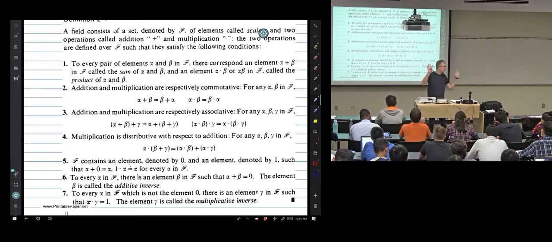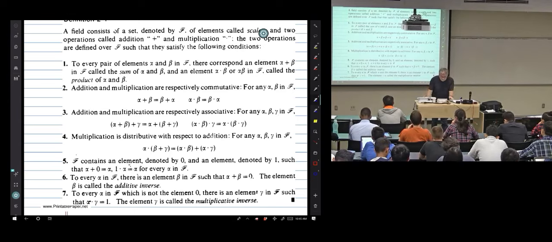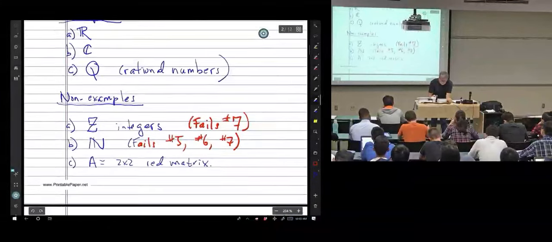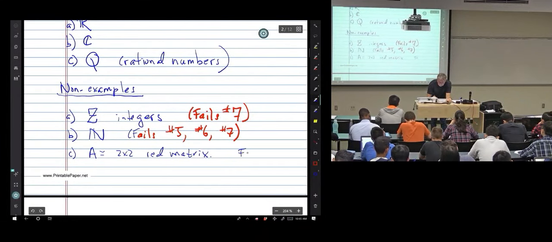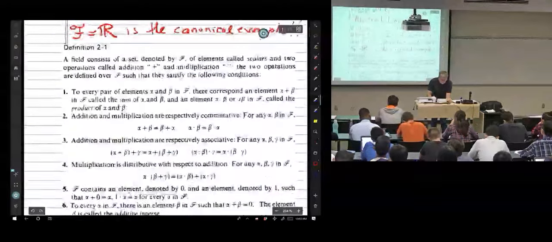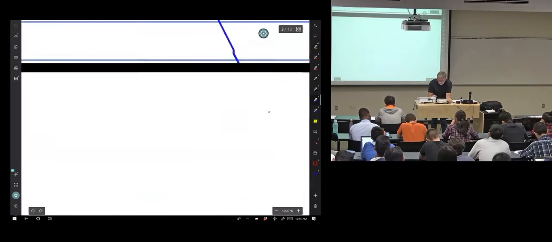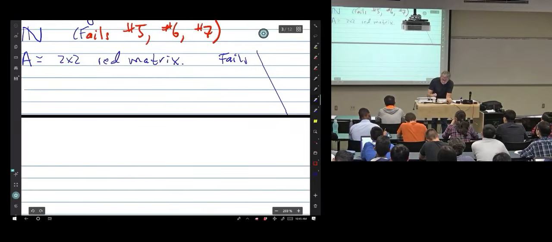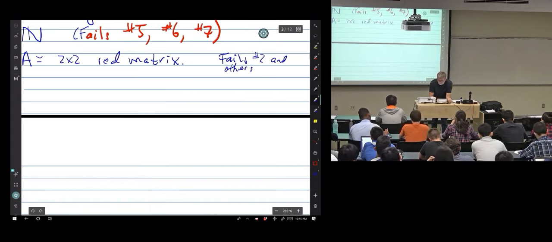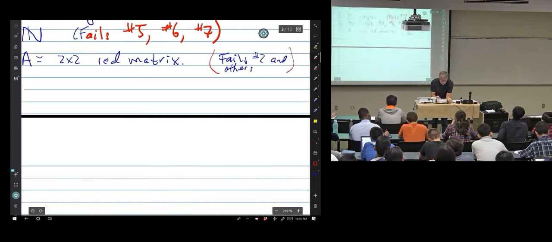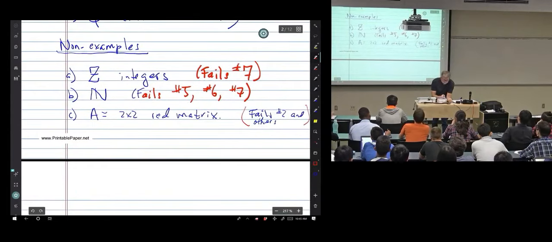So that they cannot form a field, at least under our usual notions of how you multiply matrices, okay? So it fails, and what was that number? That was 2. Fails number 2, and others.